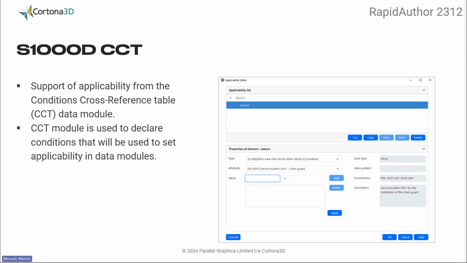Based on the applicability setting of the windshield heating, related instructions will be included or excluded in the documentation. And with this release, we include support of applicability from the data module Conditions Cross-Reference Table, CCT. And this module is used to declare conditions that will be used to set applicability in data modules.